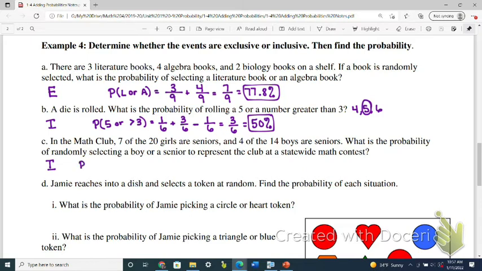So the probability of a boy or senior will be the probability of a boy plus the probability of a senior minus the probability that the boy is a senior. So probability of a boy.